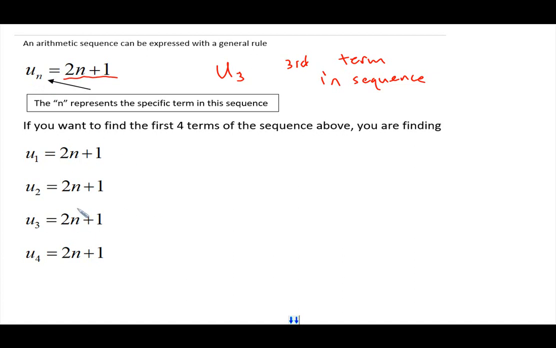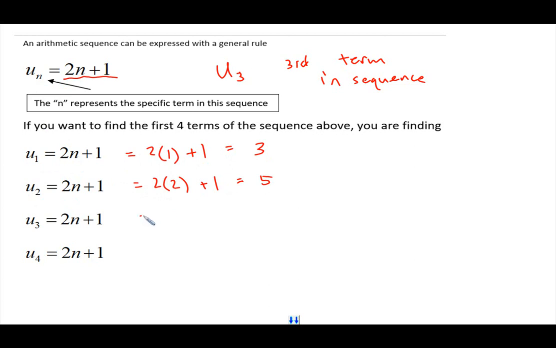So for example, down here, we have this general rule, and we could come up with the sequence. So u sub 1 is the first term, this is the second term, the third term, the fourth term. So over here, n is equal to 1. If you plug in 1 here, 2 times 1 plus 1, we end up with 2 plus 1, so we get 3. Over here, n is 2, so we have 2 times 2 plus 1, so we get 5.